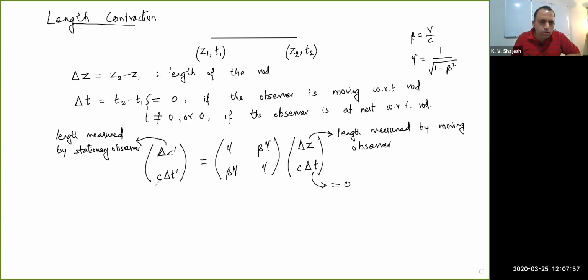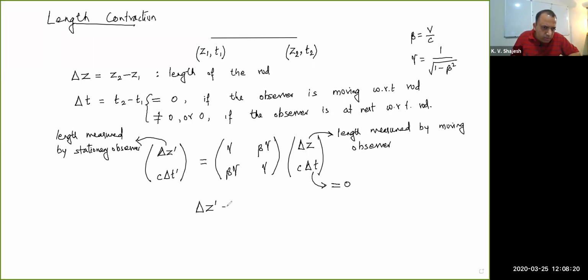And there is no condition at all put on delta t prime, because he or she is at rest. So you can bring a ruler, keep it close to the rod and move around, take your own time to go from one end to the other, and that's perfectly okay. With this, it is very clear. It's immediate to write down the relation.